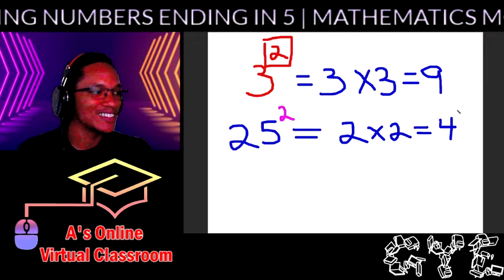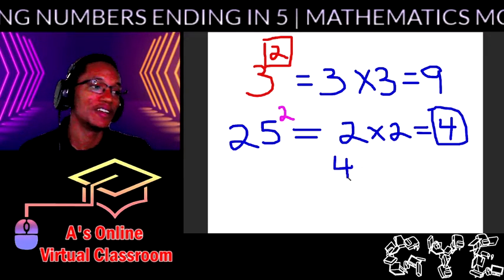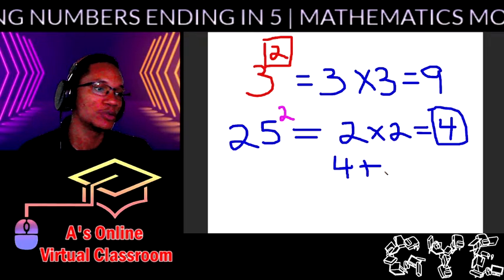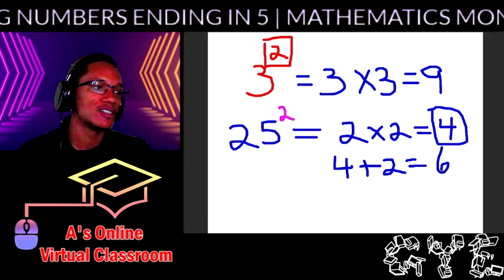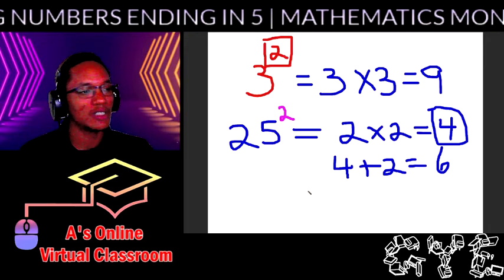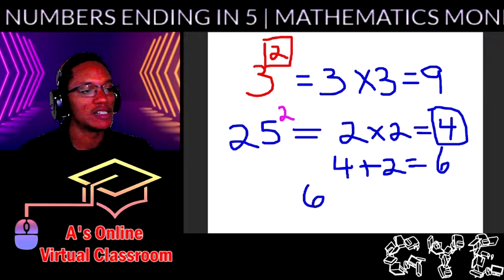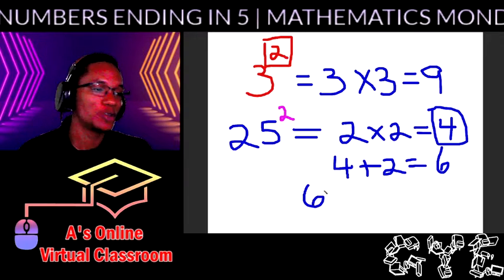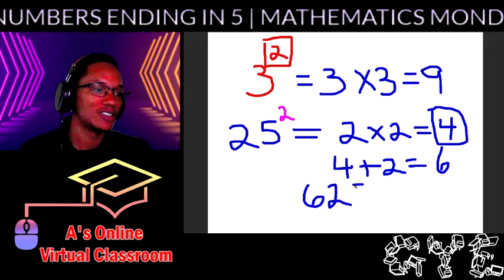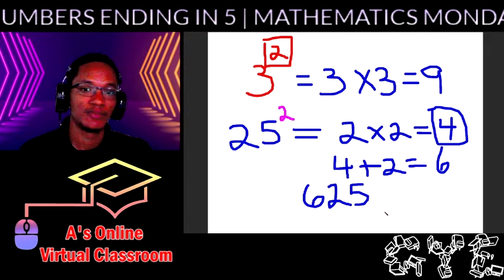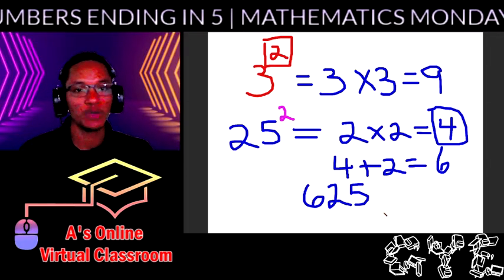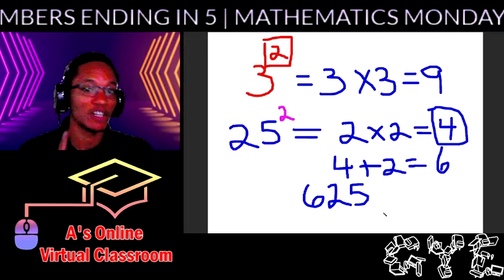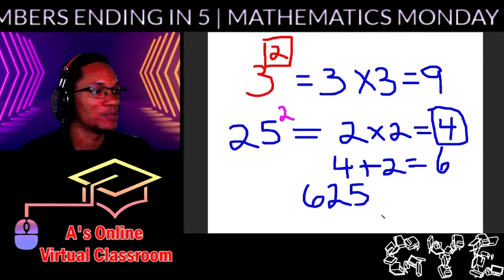Then you're taking this answer here and you're adding it back to 2. 4 plus 2 is 6. And what you have to do is you take the 6 and you add on 25 to the end. So 25 squared is 625. Check my back. Make sure I'm setting you up.